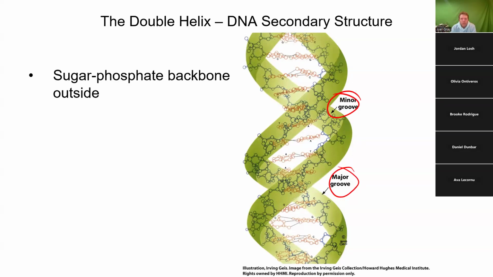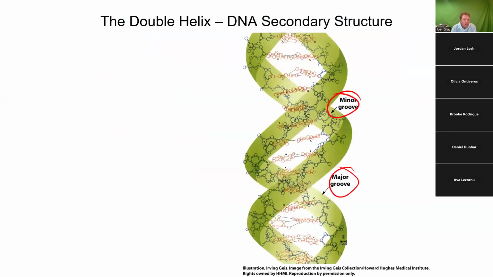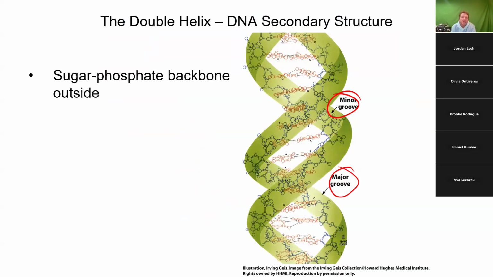Now, the sugar phosphate backbone, well, that's all your phosphodiester linkages and your sugars. If I jump back, this is what makes up your backbone. That sugar phosphate backbone is on the outside of a DNA double helix. What that means then is that your nitrogenous bases are in the middle of that DNA structure.